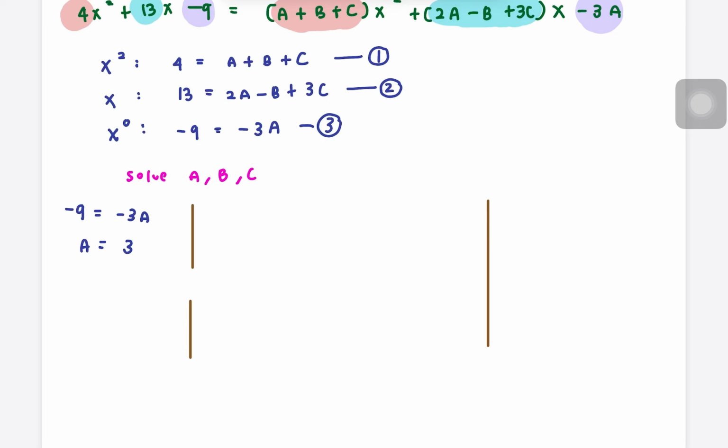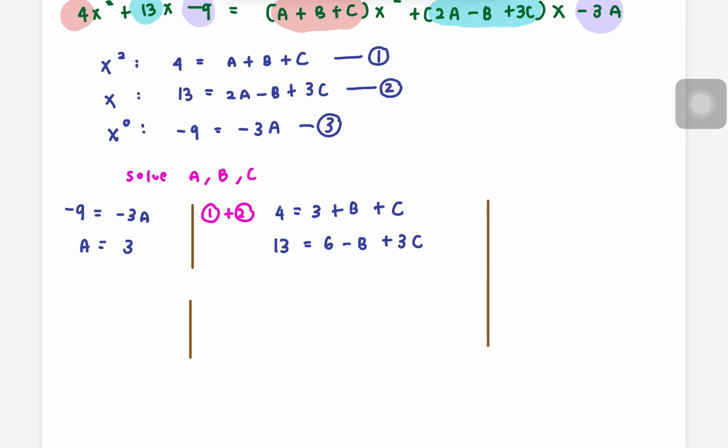So you have 4 plus 13 is 17. 3 plus 6 is 9. b plus negative b cancel out. c plus 3c is 4c. Okay, so you can have your c value. 17 minus 9 is 8 equal to 4c. So c will be equal to 2.